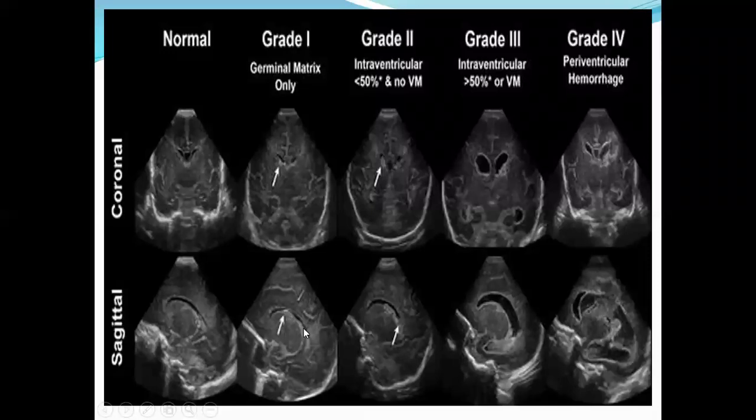This is white, next to the choroid plexus, the bleed. The grade 2.